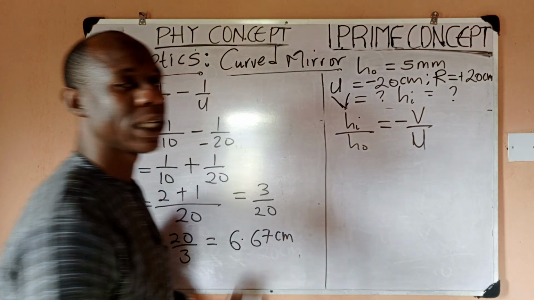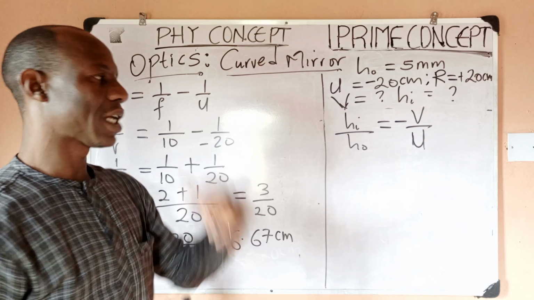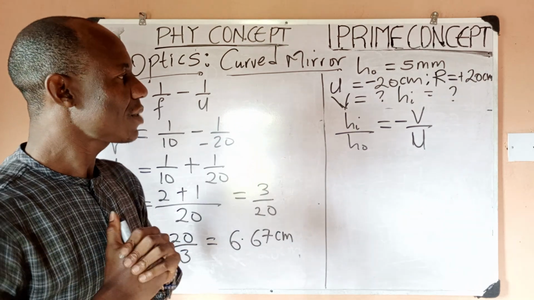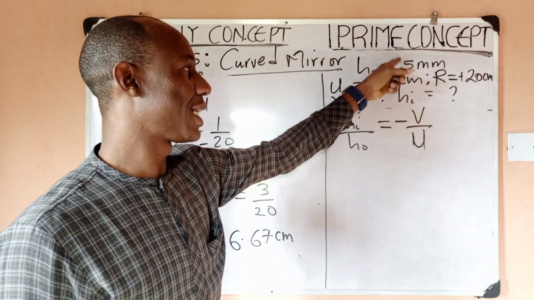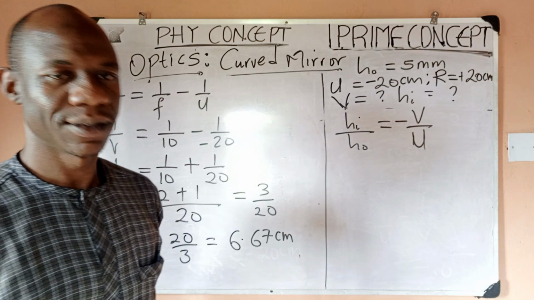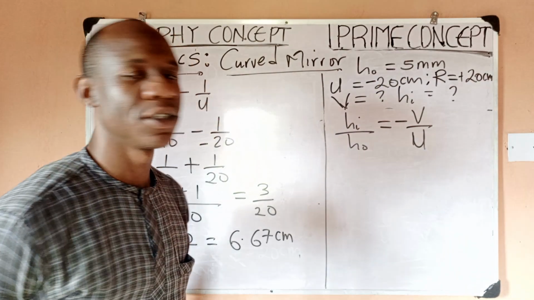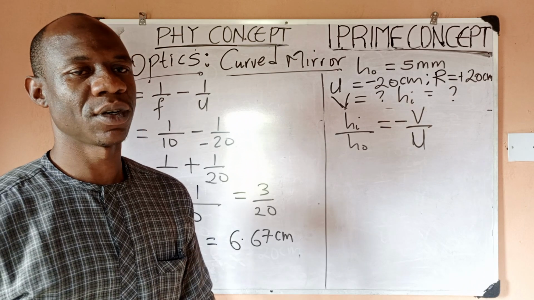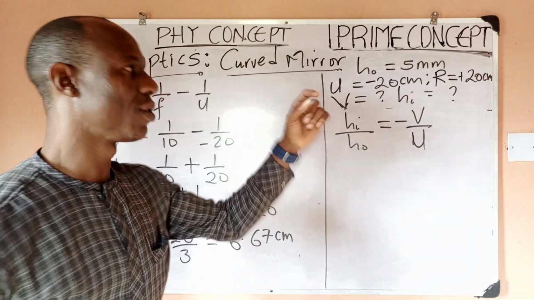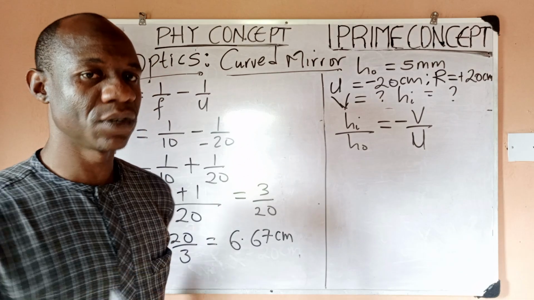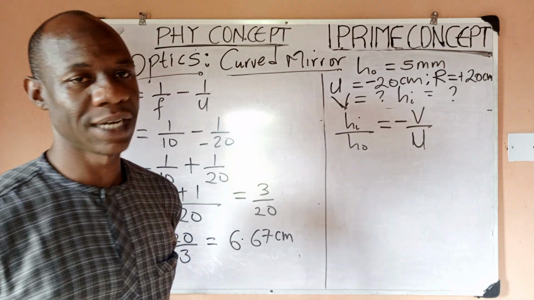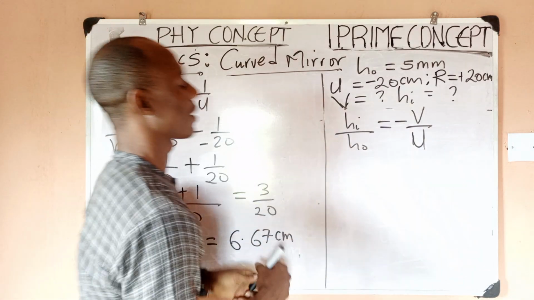So you can equate both of them to find hi. But before we solve, do you think that the height of our image will be bigger than the height of our object? Before you watch the video till the end, drop your comment in the section. Let me know. Do you think the height of the image will be bigger than the height of the object? And give your reason why it should be bigger or less.